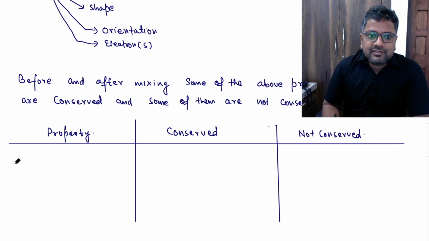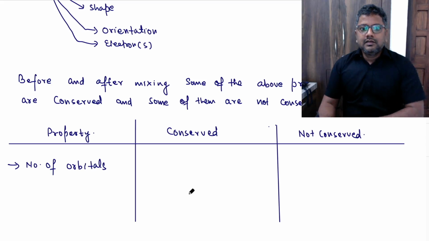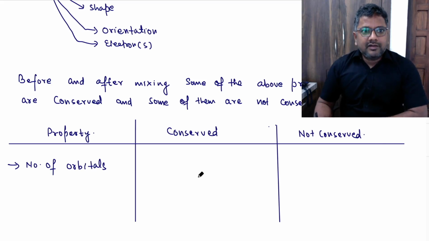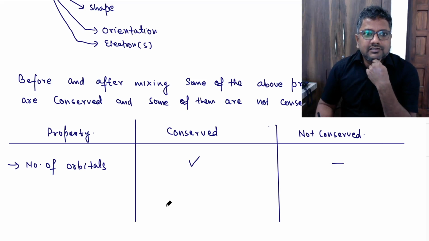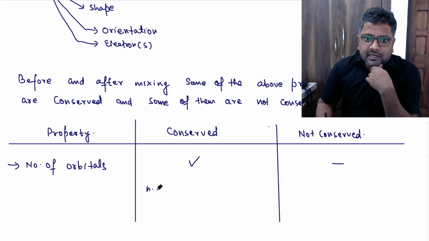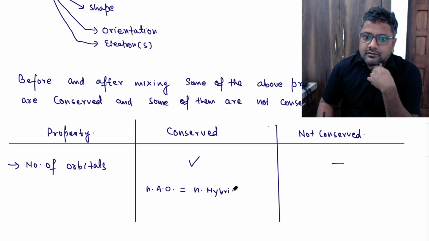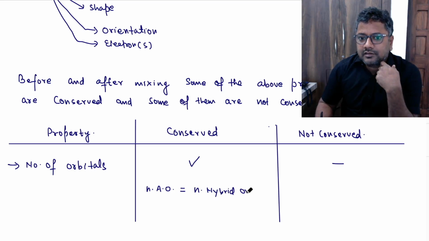First property, number of orbitals. The number of orbitals is conserved. It means if n atomic orbitals are mixed together, you always get n hybrid orbitals.